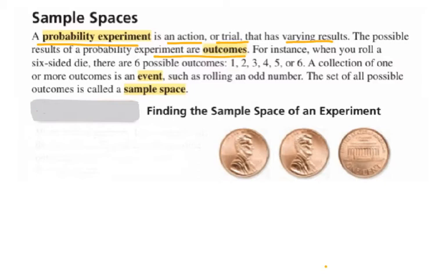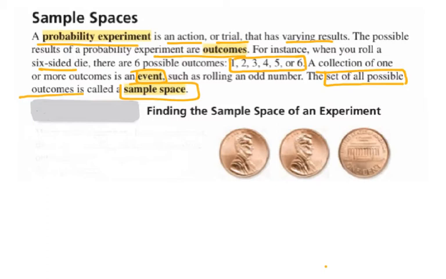If you're rolling a 6-sided die, the possible outcomes are 1, 2, 3, 4, 5, 6. A collection of one or more outcomes is an event. And when you collect the set of all possible outcomes, that becomes a sample space.